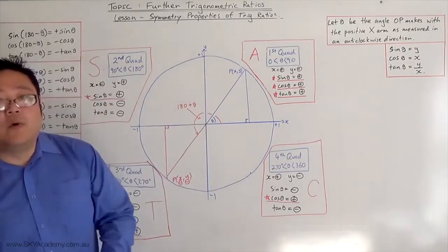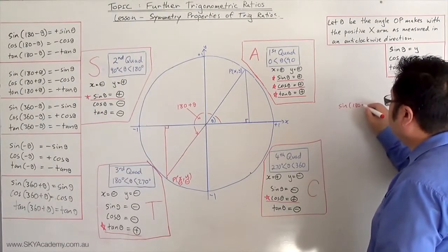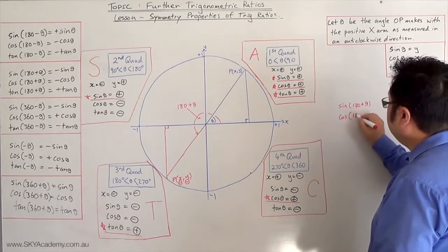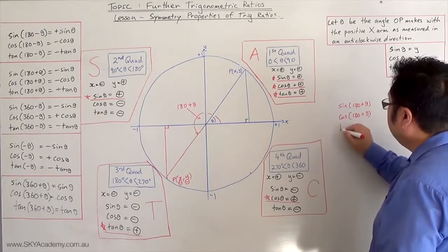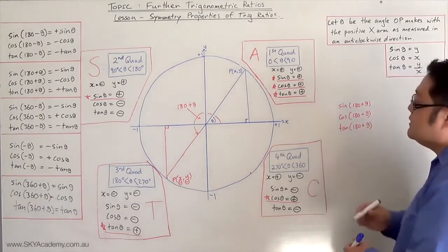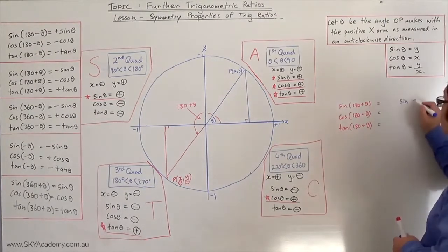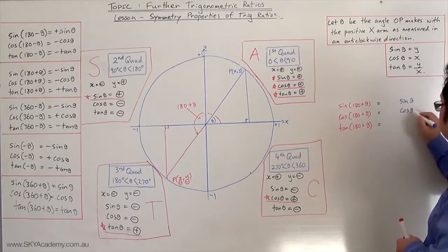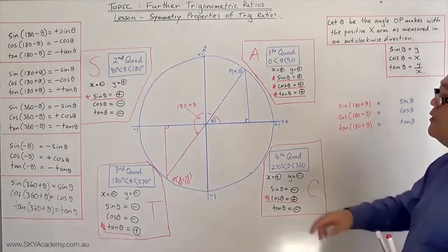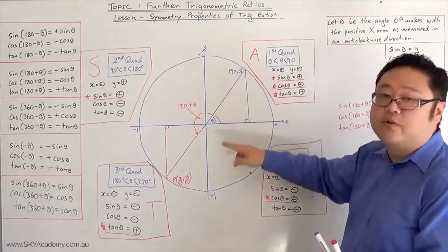So sine 180 plus theta, cos 180 plus theta, and tan 180 plus theta are going to be some positive or negative version of sine theta, cos theta, and tan theta, which are the sine, cos, and tan of the first quadrant angle.